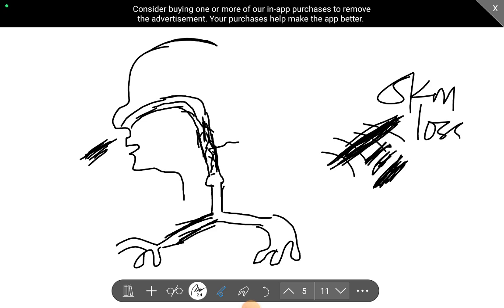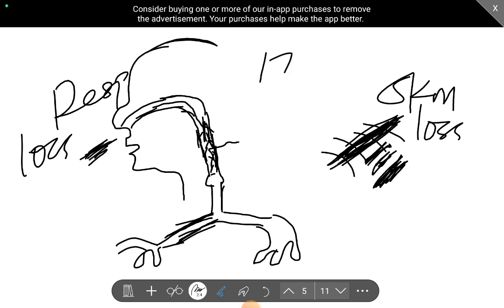Skin loss and respiratory loss together are what is termed insensible water loss, and they both give rise to about 1.7 liters, which is about 1,700 milliliters per day.